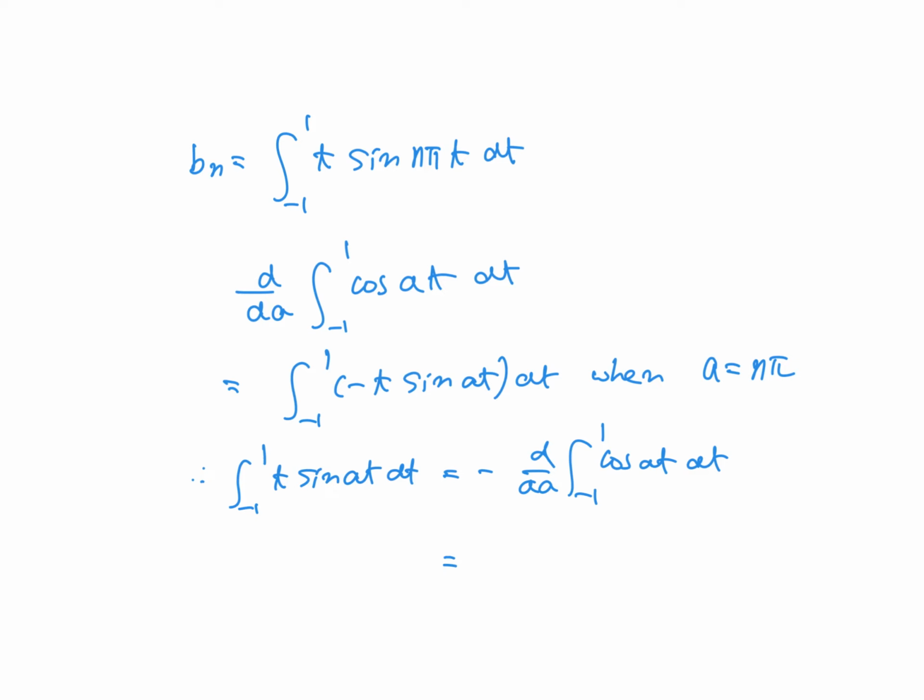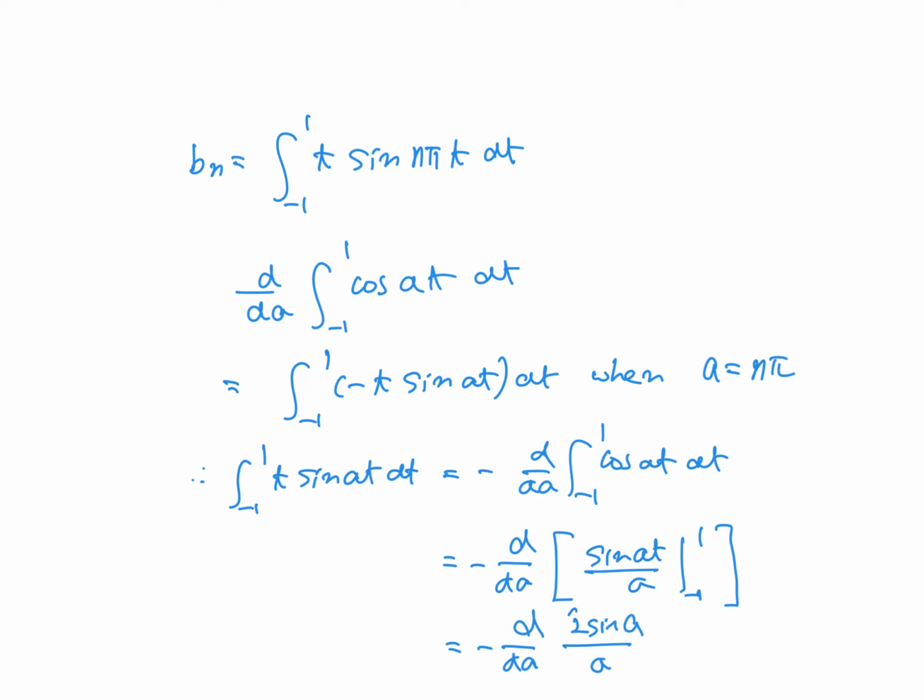And actually, that can be very simple. What is this integral of cosine AT? Sine AT over A, right? Sine AT over A. And this is minus d/dA of that, evaluated from minus 1 to 1, which gives 2 sine A over A.